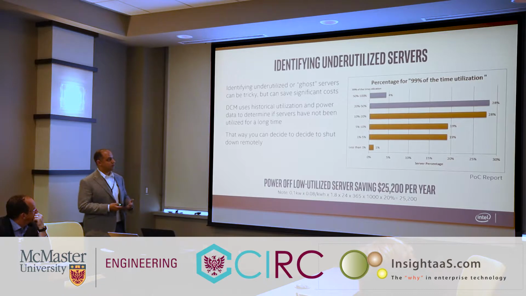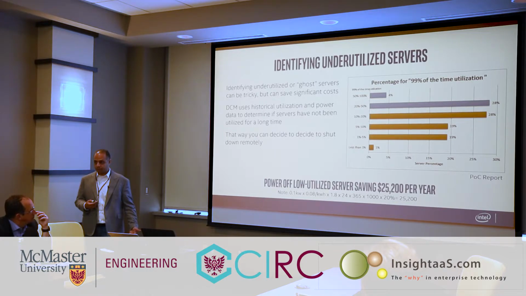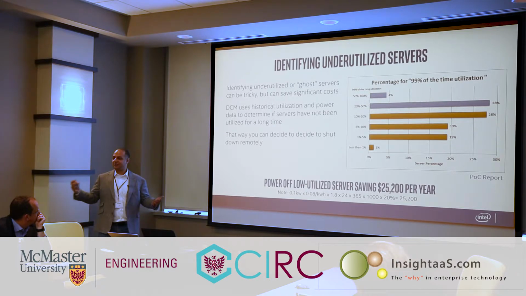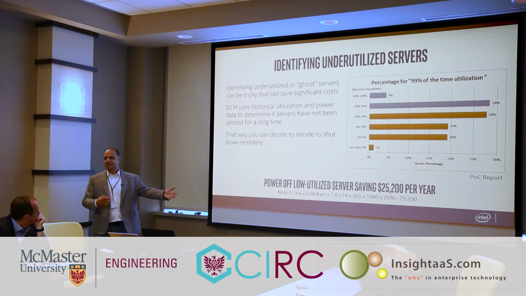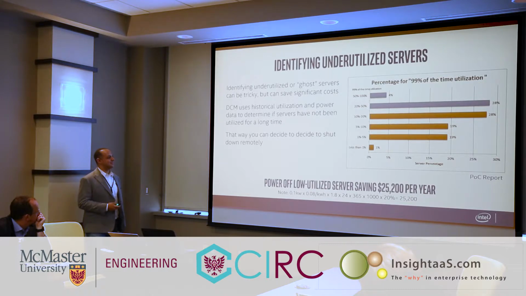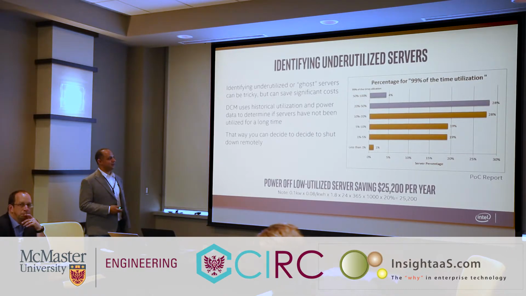One of the most important is being able to identify very quickly which servers are not actually doing a lot of work. Hands up if anyone has had that problem. You're looking for space, you don't know which servers are actually being used, and you don't want to take someone's server down, because you'll get a call the next morning with someone screaming at you. So this is one of the most requested features as well.